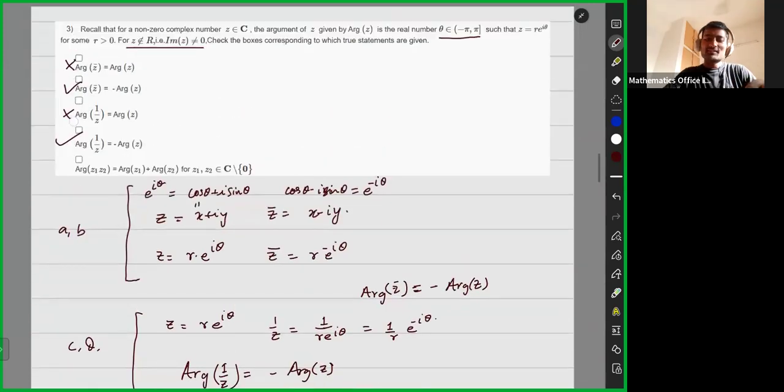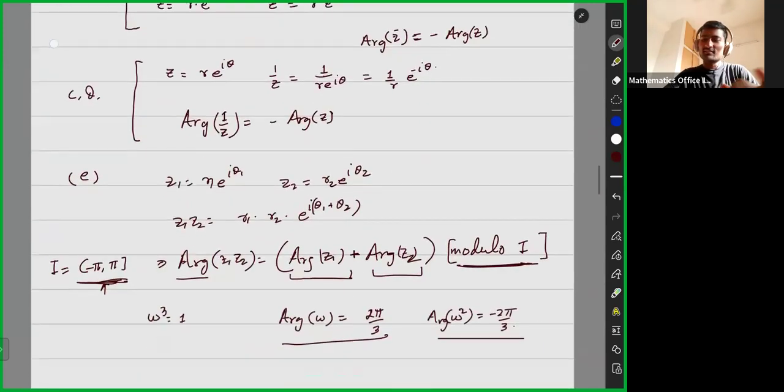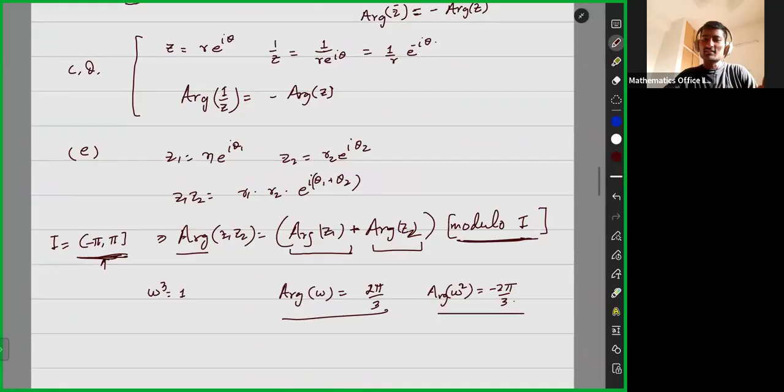So one thing I'm observing in many of these problems is that you have to be very careful about the domain and codomain, the domains of definition and all those things.